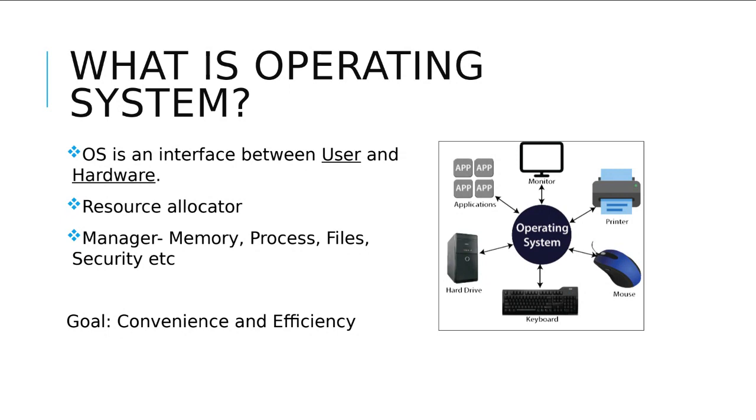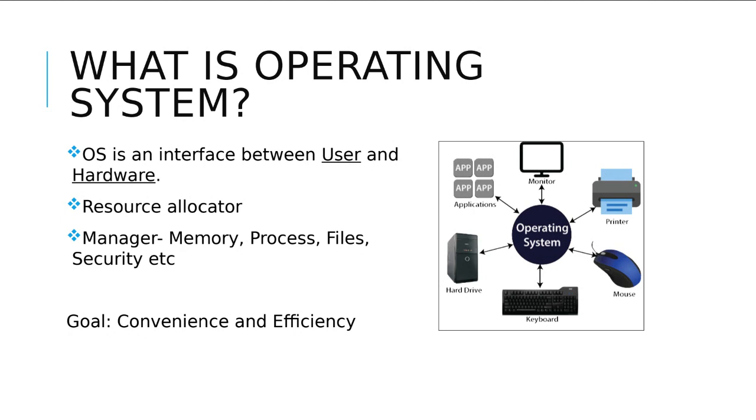So how these resources, these programs will be executed in the processor, that is taken care of by your operating system. And there are a lot of programs on our hard drive, and random access memory is less, that means the size of random access memory is less than your hard drive. Now we need to execute something.